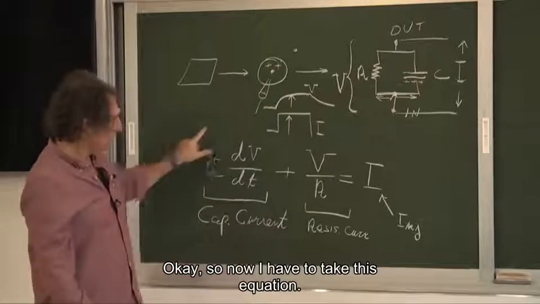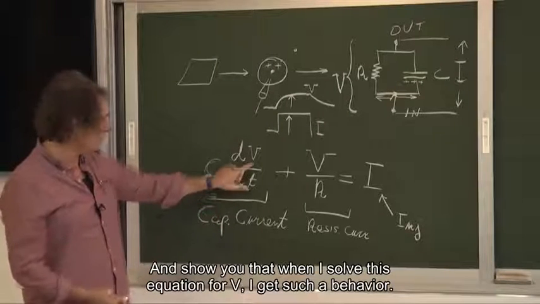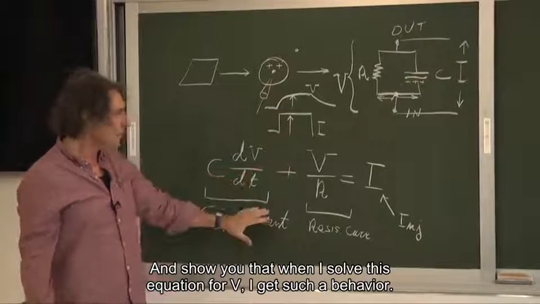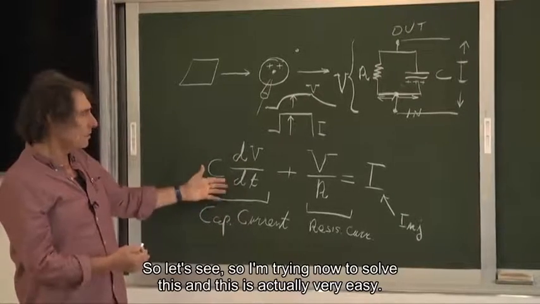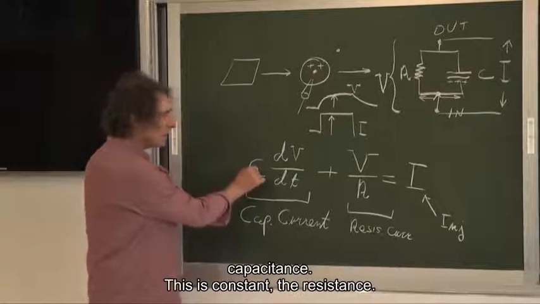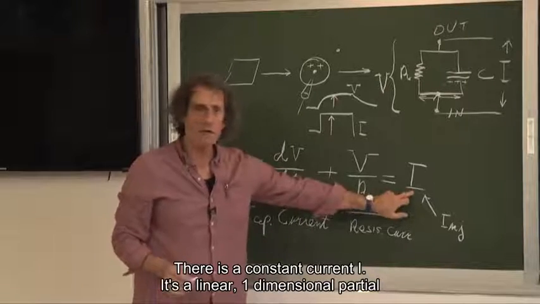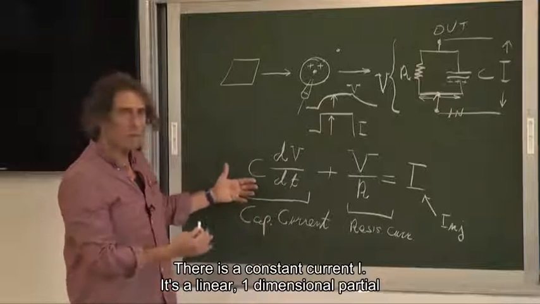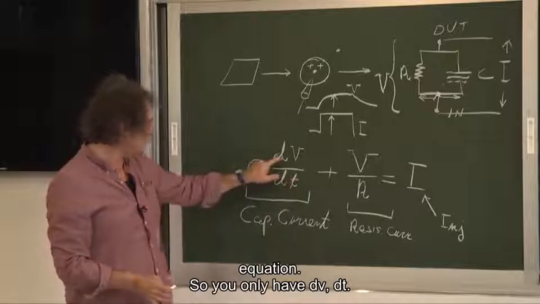Okay, so now I have to take this equation and show you that when I solve it for V, I get such a behavior. This is actually very easy, because you have a very simple linear, one-dimensional equation: the capacitance is constant, the resistance is constant, and there is a constant current I. You only have dV/dt.